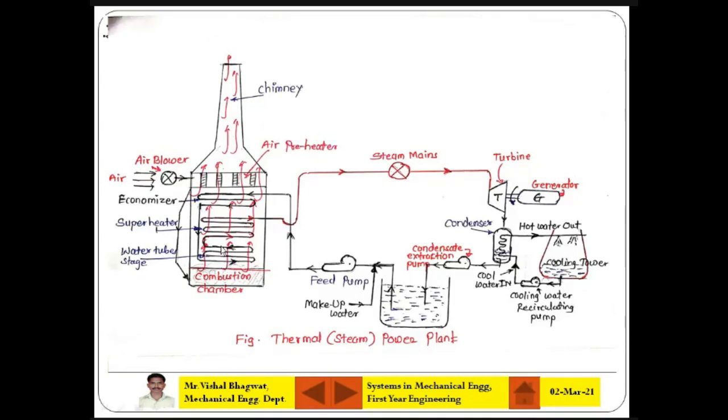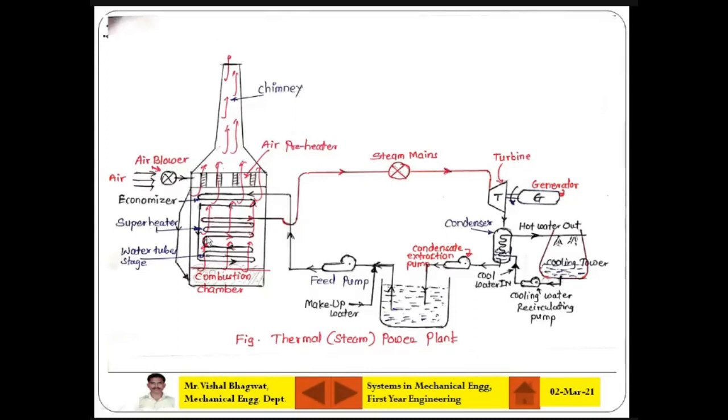Now suddenly the water in these tubes starts boiling. It is converting into steam, and as it becomes vapor, the density is going to decrease. So it goes into the next stage of tubes, called the superheater. Why?